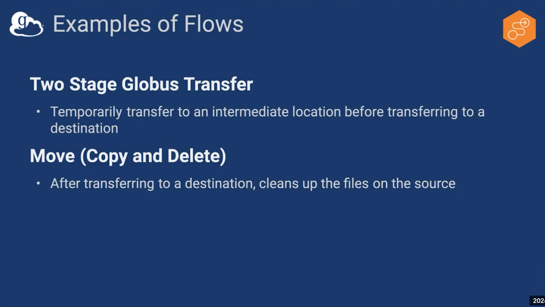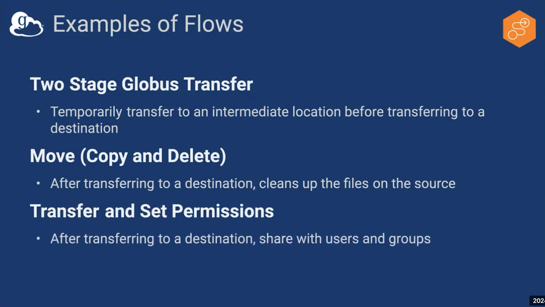Again, transfer provides these as individual operations, but through a Globus provided flow, you're able to compose those together. So you can say, once this transfer is done, I automatically want to share it with a preset list of users and groups with particular permission levels. You can start to see how you can compose these different pieces together and create more complex functionality out of the building blocks that the services already give us through actions.